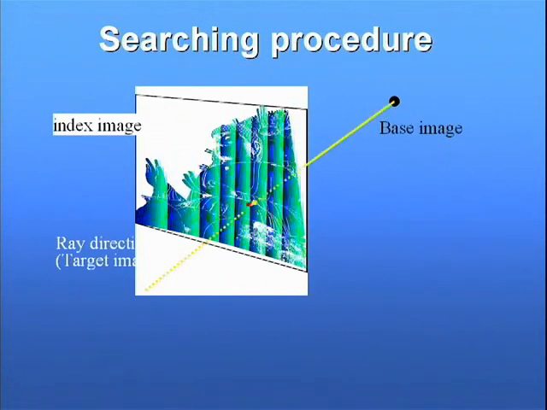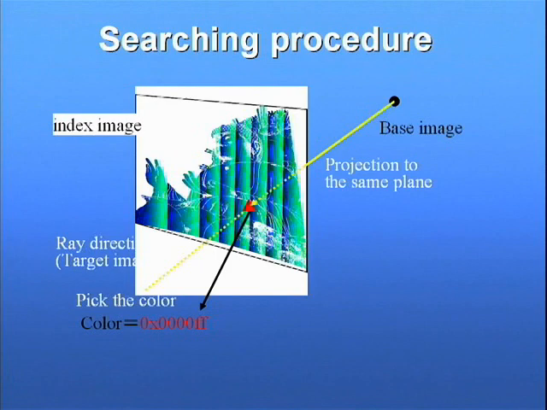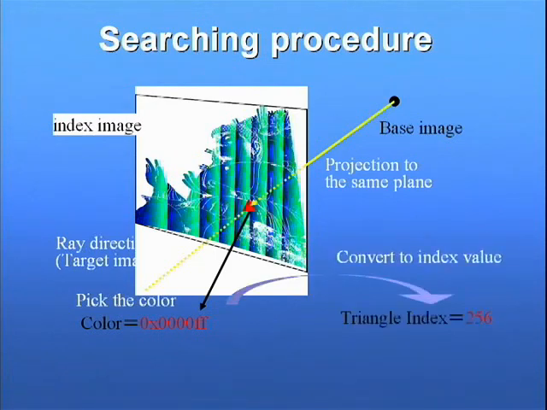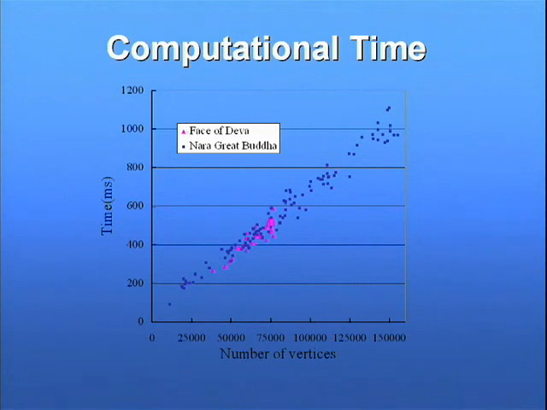We project the second image to this graphics plane and find which triangular patch this point lands on by checking the color of that patch. And from this color, we can define the corresponding mesh number for this particular point. By doing so, the operation becomes order of n. And actually, the number of vertices is like this, and this is the computational time. Then certainly, order of n.